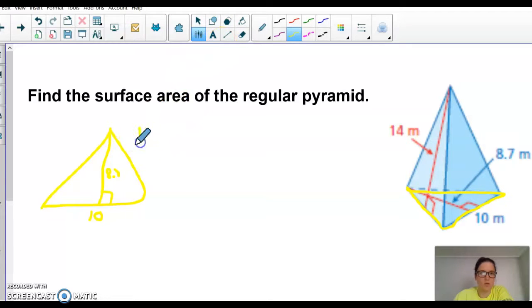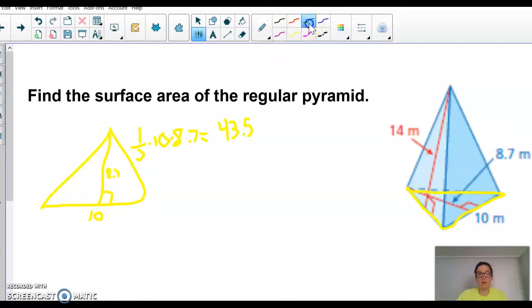So then it wants us to find 1/2 times 10, oops, I almost put 5, 1/2 of 10 times 8.7. So it is 5 times 8.7. So that's 43.5.